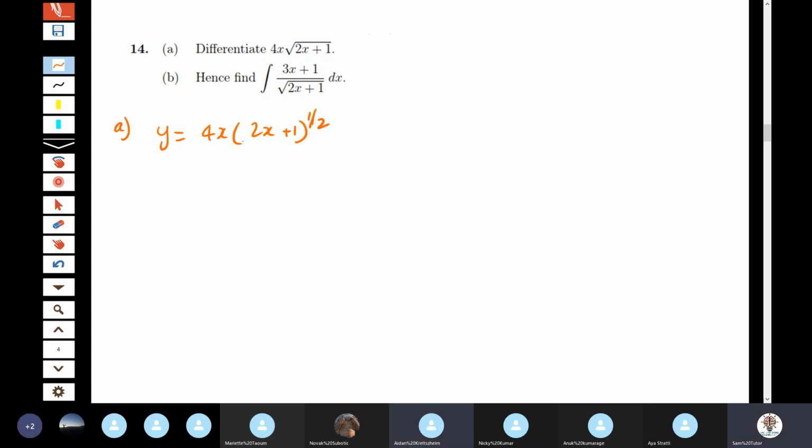Yep, and you're differentiating this time, so what must you use? Just before you start, what must you use when you're differentiating something that looks like this? There's two x's that are multiplied and you're differentiating. What particular rule do you have to use? Is it that S symbol?